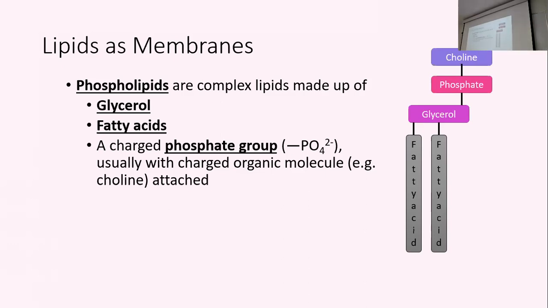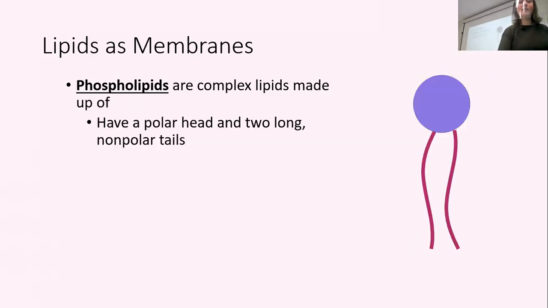So these phospholipids are glycerol with fatty acids, and then a phosphate and a charged molecule on the other side. We tend to represent these like this. This polar head is the phosphate group and charged molecule, and then these nonpolar tails are those fatty acid chains. So we've got a polar region and a nonpolar region.